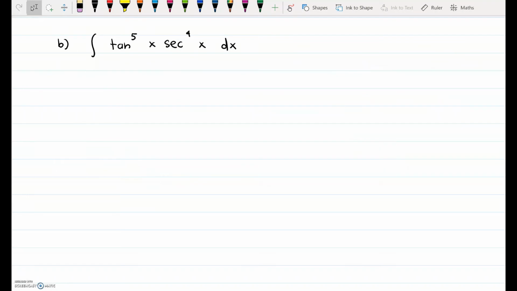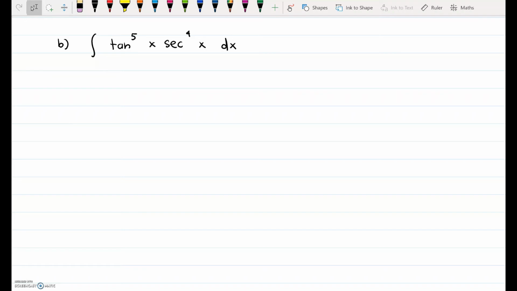Let's look at the second example for case 5, where the power of secant is even. We have the integration of tangent to the power of 5 x and secant to the power of 4 x dx. In this case, you can use either case 4, where the power of tangent is odd, or case 5, where the power of secant is even.